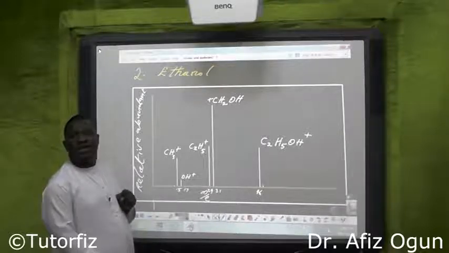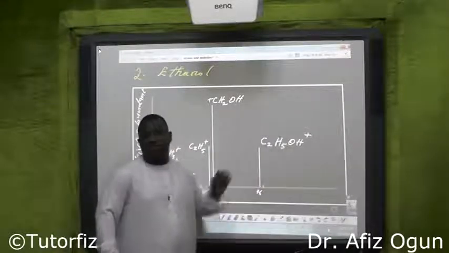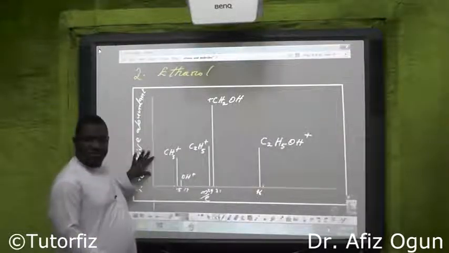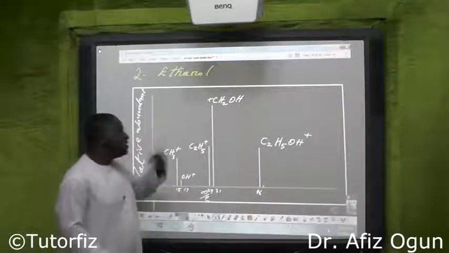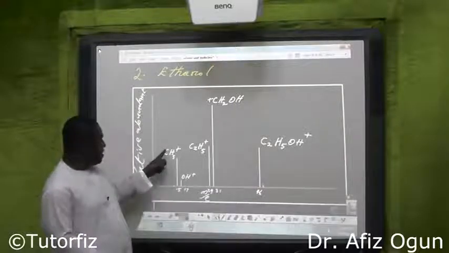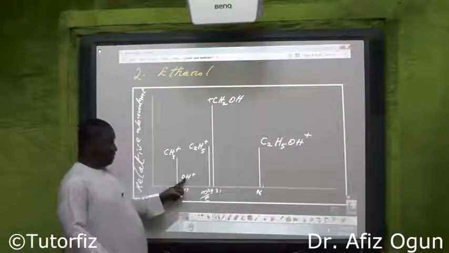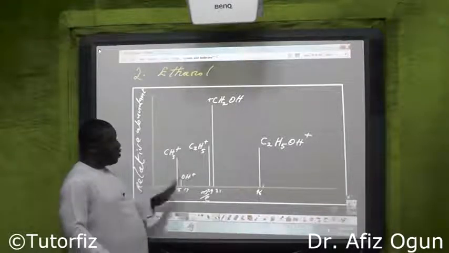That's another question they can ask you. Again, you know that the molecular mass is 46, but you don't know what is responsible for the 46. But you know the fragments. They give you the fragments. Try to join the fragments together and see which combination will give you 46 again. If you join this and this, it will not give you 46. This and this will give you 46. That is one combination.